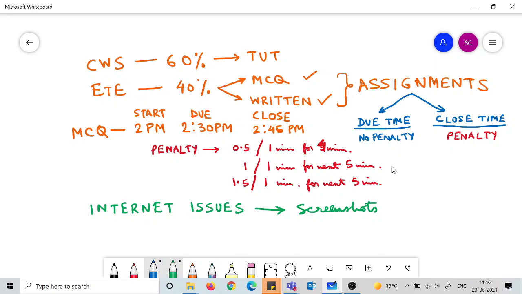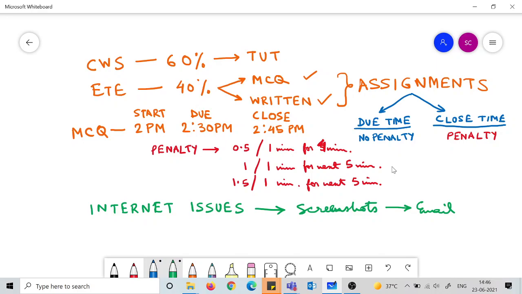In case the submission button is refusing to respond, immediately email the screenshots to me in my email.